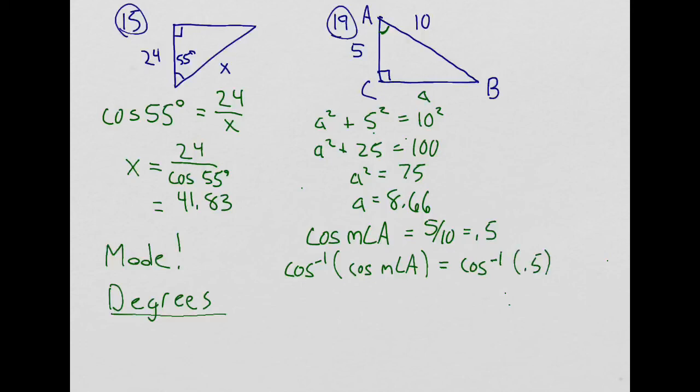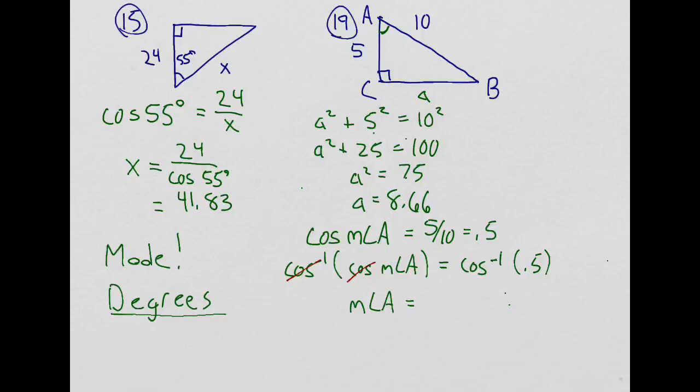Why do we do this? Well, we do this because inverse cosine and cosine cancel each other out. So both of these go away, and what I'm left with on the left is what we want, the measurement of angle A. And now to do the inverse cosine of 0.5, that's on your calculators.